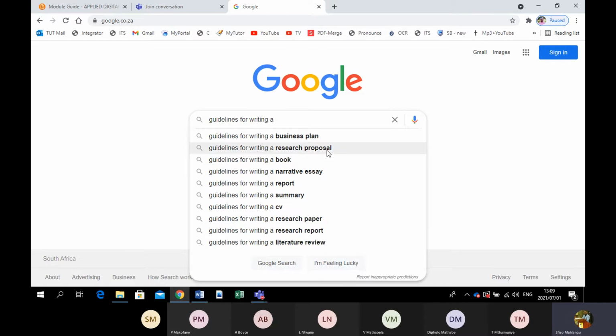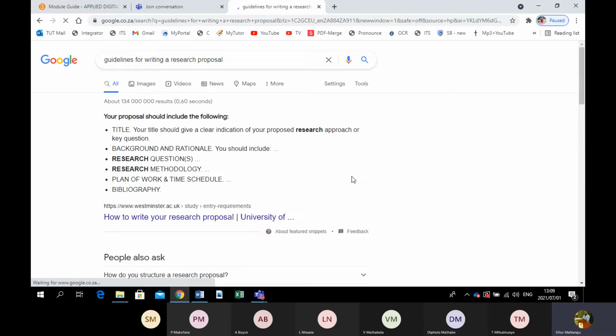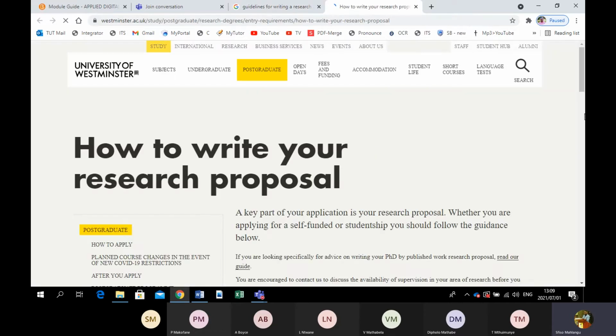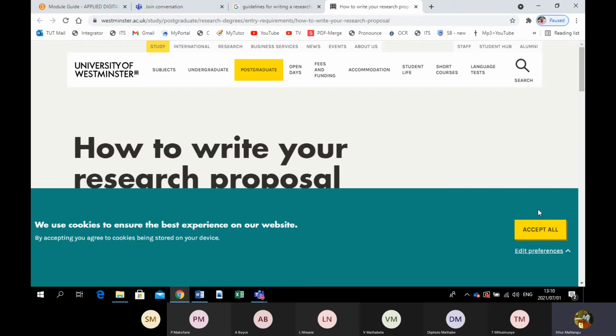There is another one. You see, they will tell you the guidelines are similar, like background research, but as soon as you go into the source, it will tell you what is needed under guidelines. What we see here, it says it should give a clear indication of the approach or key question. We can also use that to motivate our answers, to say, if we look at that title, does it give us that indication or not?